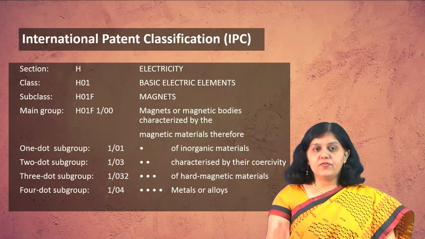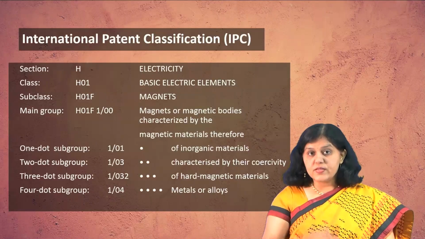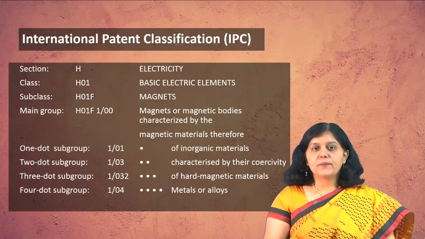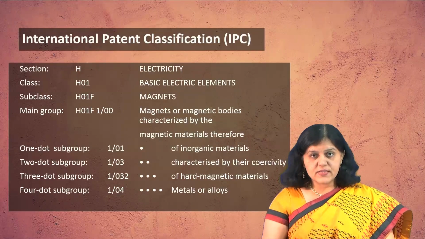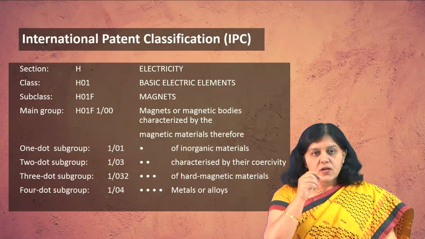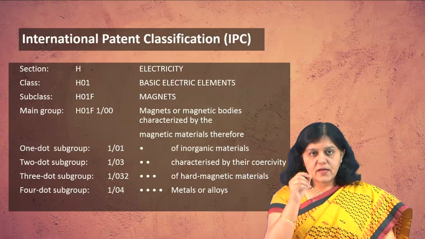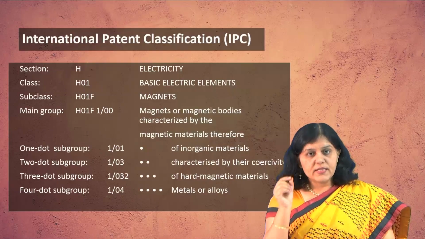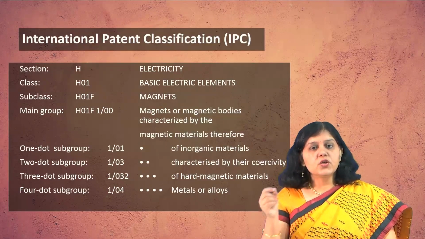For example, if you go further, the main group is further divided into groups, and the system is 1 dot, 2 dots, 3 dots, 4 dots. For example, a 1 dot subgroup: H01F1/01, instead of 00, if it is 01, what is the meaning?